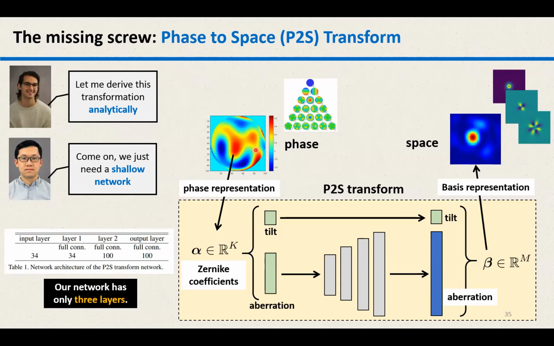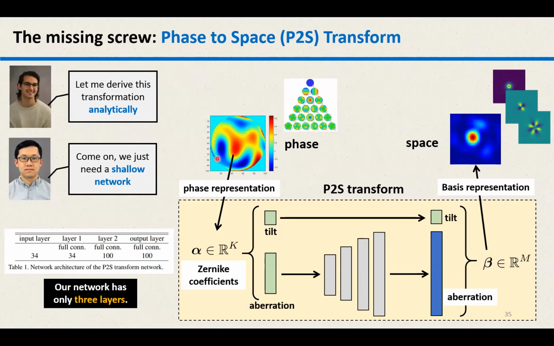So it is the phase representation, and I want to get the representation in the space. So I need to have a transformation from here to there. In the phase domain, the bases are the Zernike bases, and in the spatial domain, the bases are, for example, the Gaussian bases. Of course, we have better ideas of how to generate these bases using a data-driven approach.